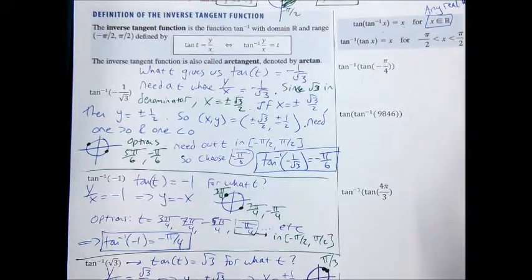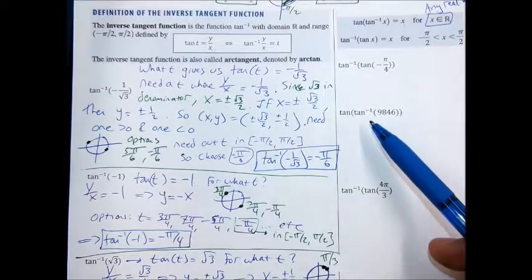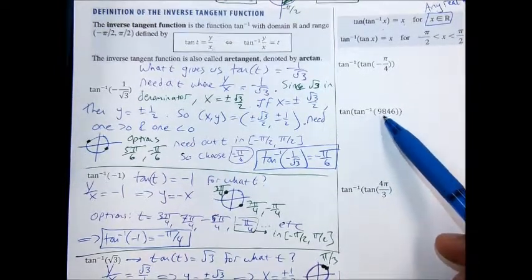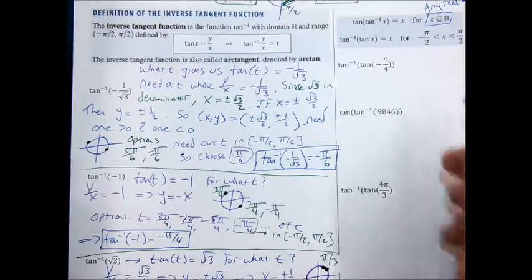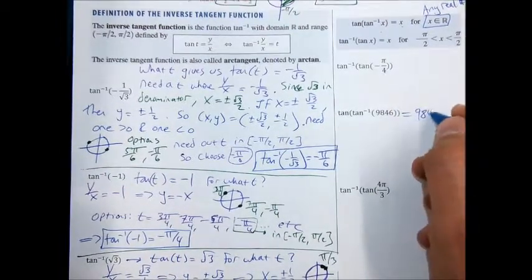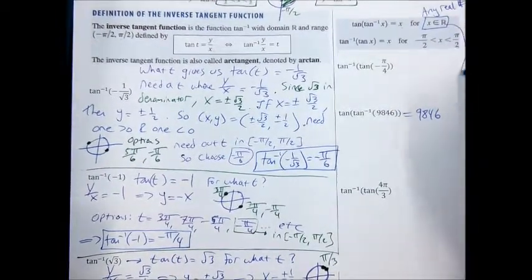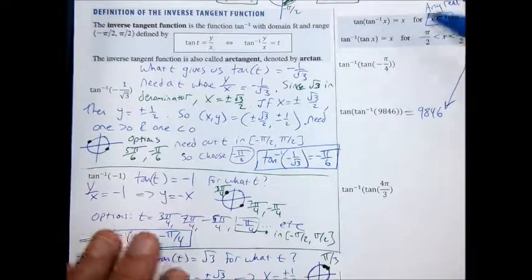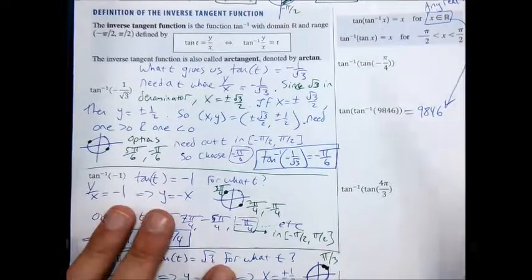And so like on the second problem, that's an example of this. Tan of tan inverse of 9,846 just comes right out, 9,846, because that's a real number. And so we can use that one no matter what. And that's because tan inverse has a range of anything, right?